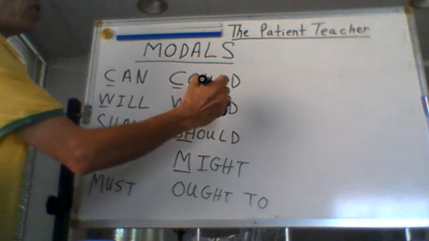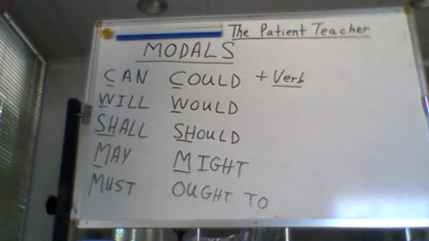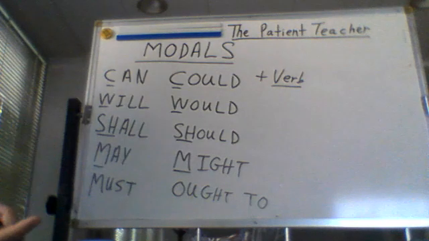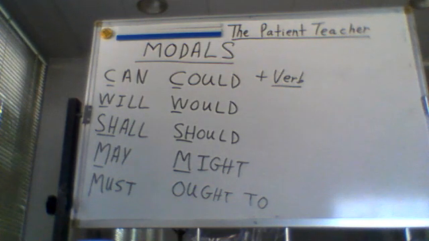You need to use it with another verb. But they are essential to use when expressing yourself. You'll see later in English, whenever you want to be polite, you almost always need to use a modal. You'll see that in a second.